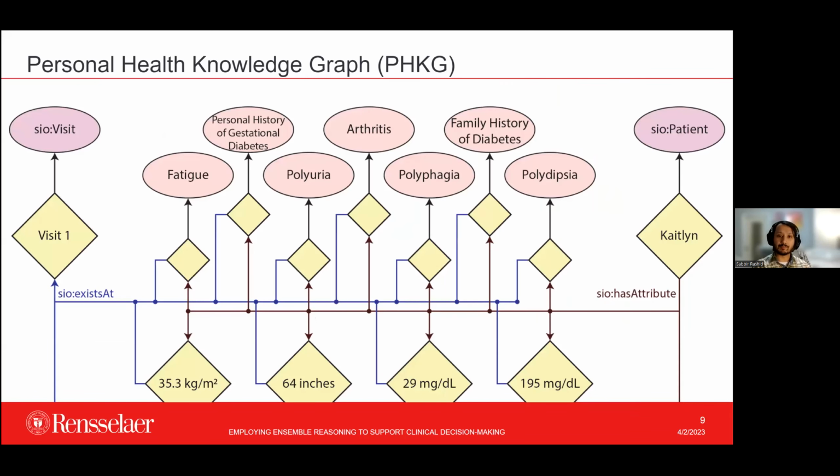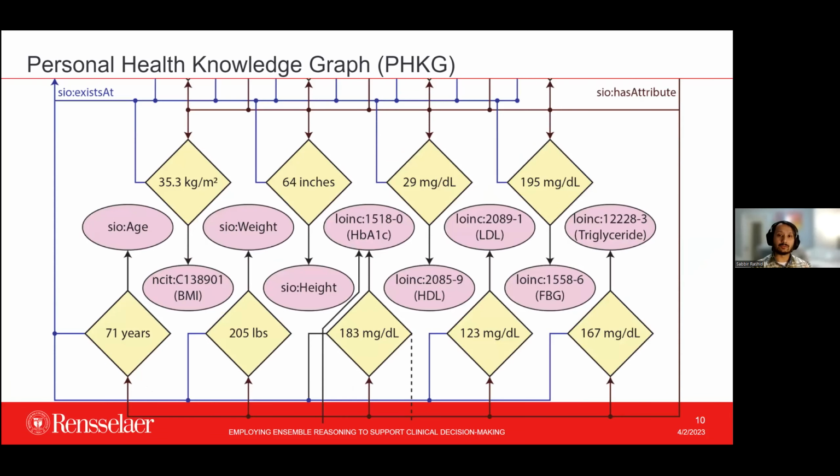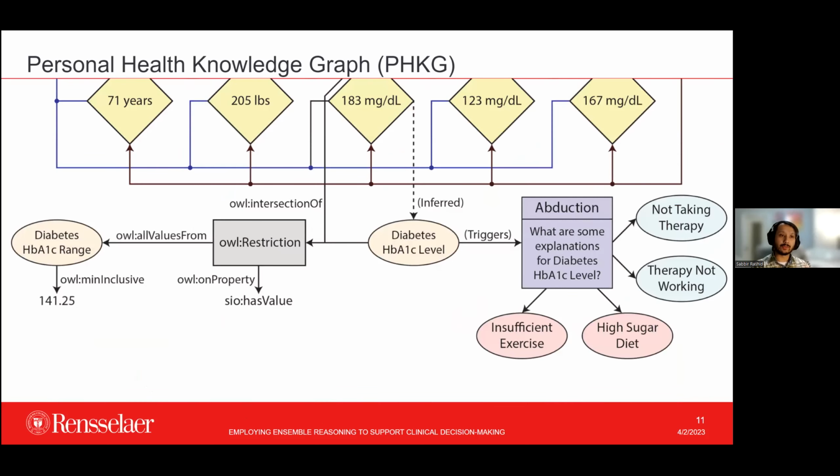So a patient might have certain attributes such as symptoms. They might also have different measurements such as their height, weight, HbA1c, BMI, different measurements, which can then be used to make inferences.